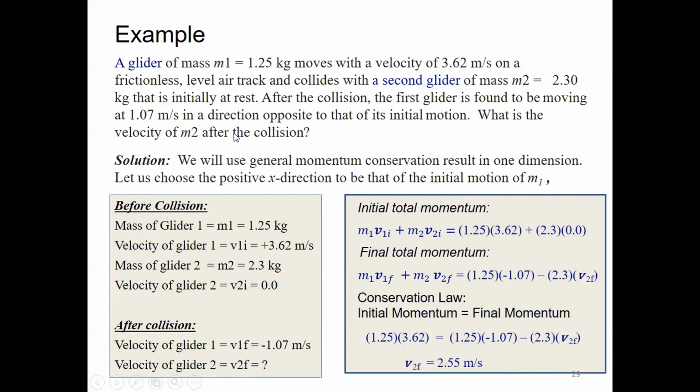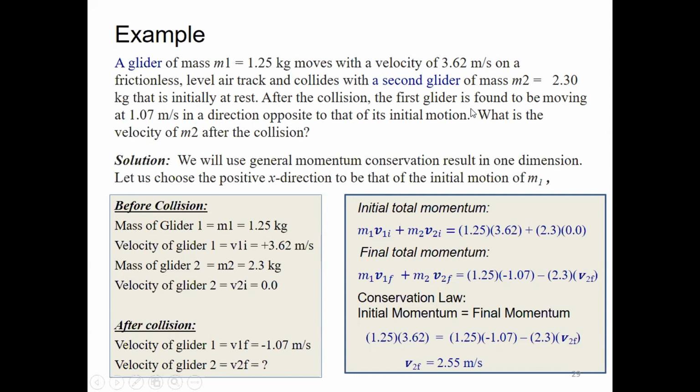A glider of mass m1 equal to 1.225 kg moves with a velocity of 3.62 meters per second on a frictionless level air track and collides with a second glider of mass m2 equal to 2.30 kg that is initially at rest.